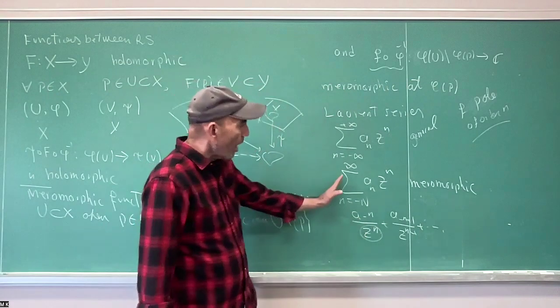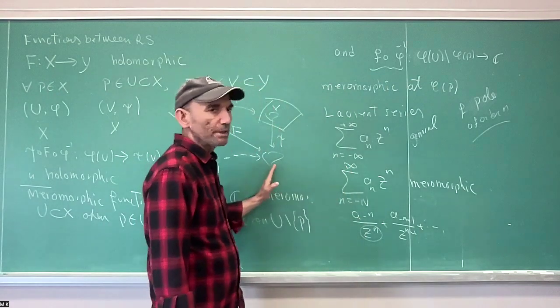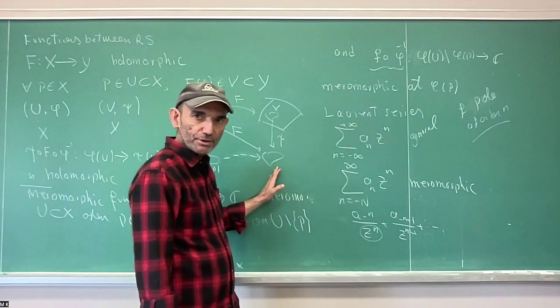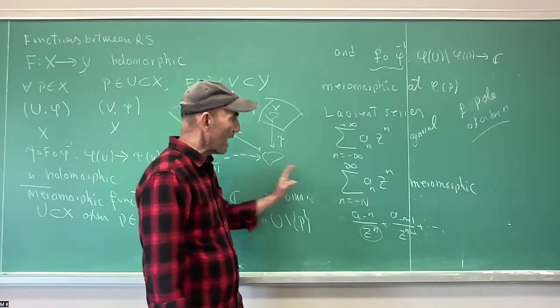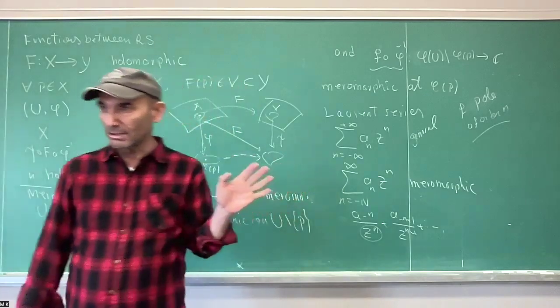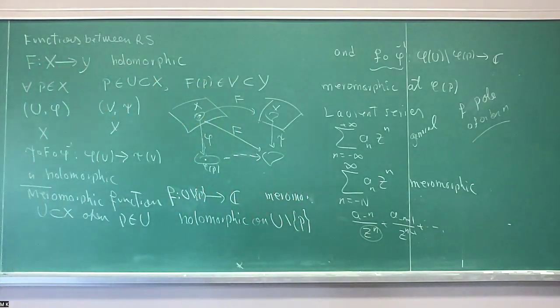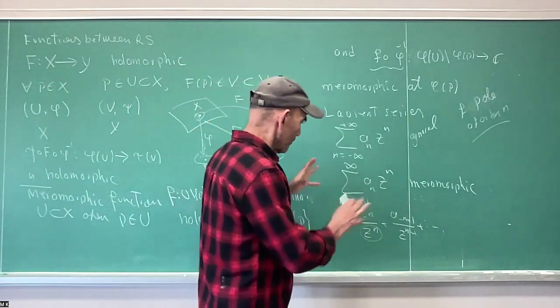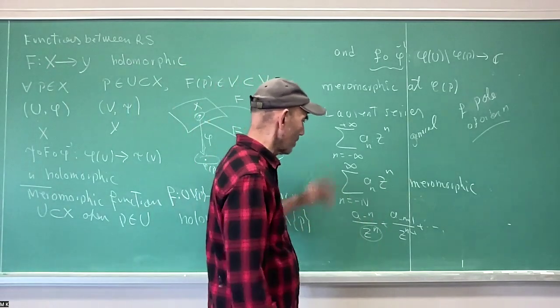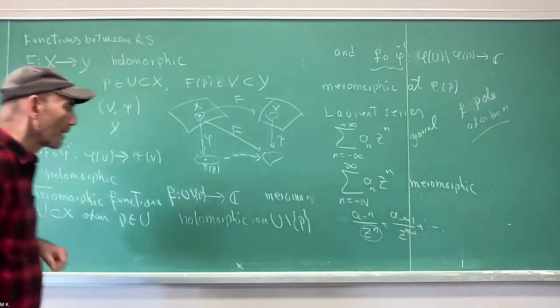But what we don't want is to have all the negative coefficients all the way up to minus infinity. We don't want that, because that means there is an essential singularity at that point, and we don't like essential singularities. For the study of Riemann surfaces, essential singularities are kind of no.